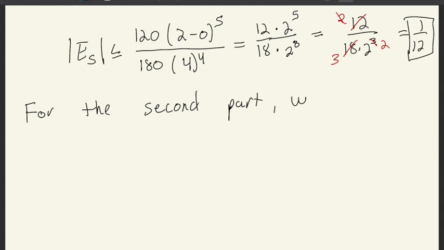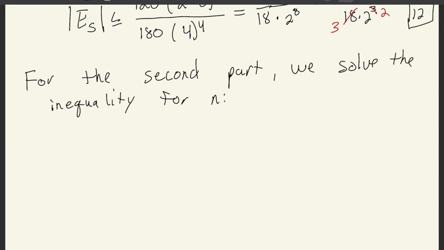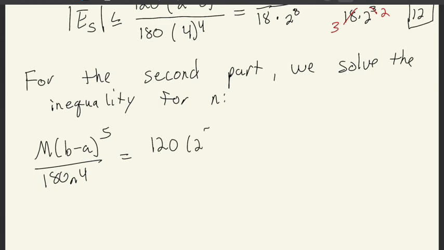For the second part, we solve the inequality for n. So we have M times (b minus a) to the fifth over 180 n to the fourth.